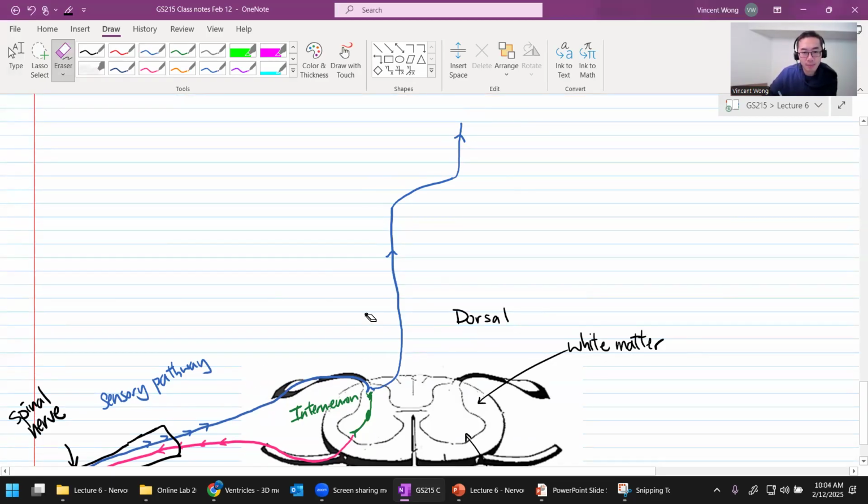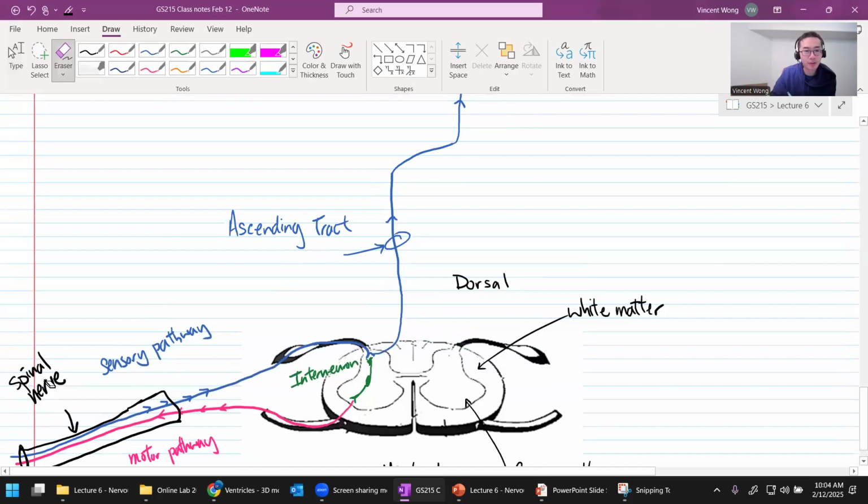So this path that goes up at the back of the spinal cord in the white matter, right? This is called the ascending track. Okay? We talked about track and nerve previously.